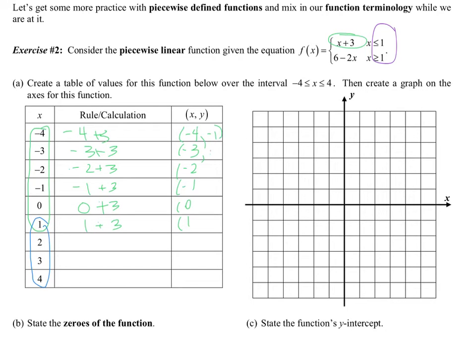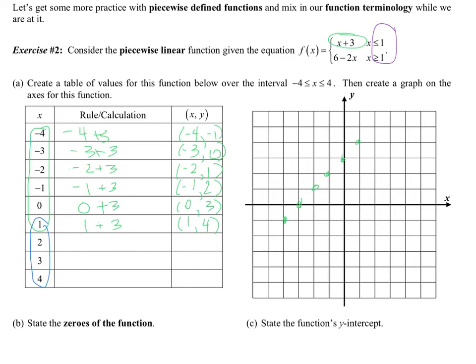When x is -3, y is 0. When x is -2, y is 1. When x is -1, y is 2. When x is 0, y is 3. And when x is 1, y is 4. So we're going to go ahead and plot those points.